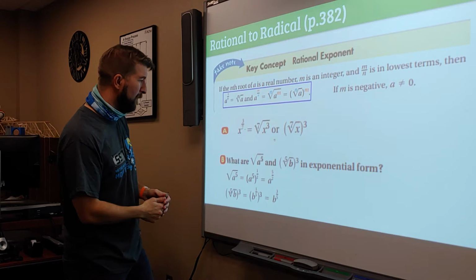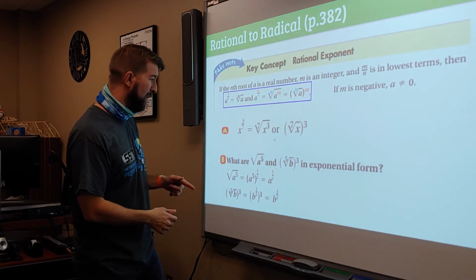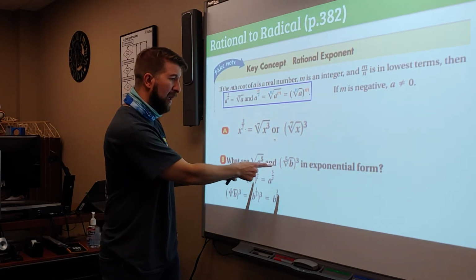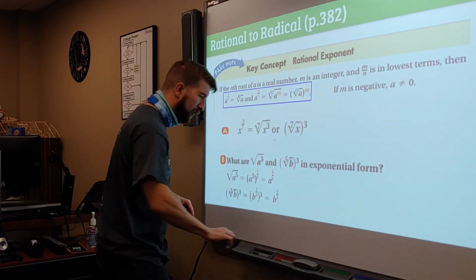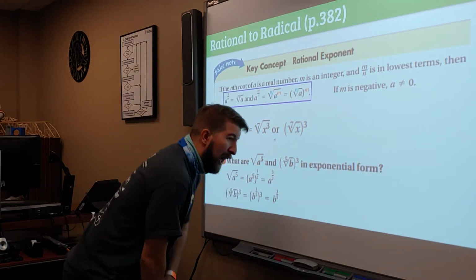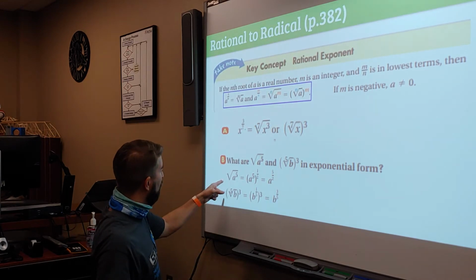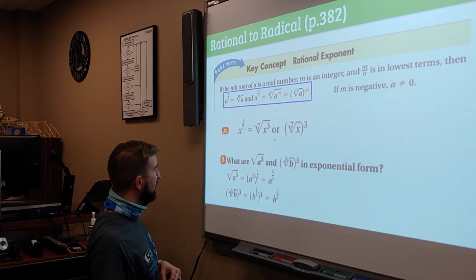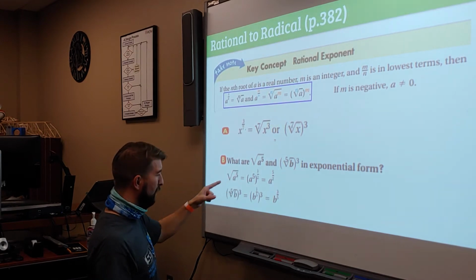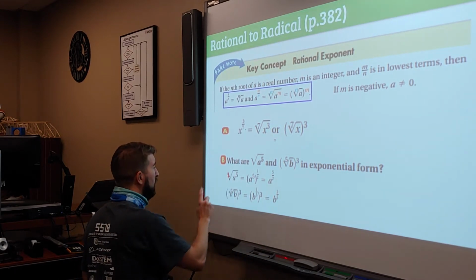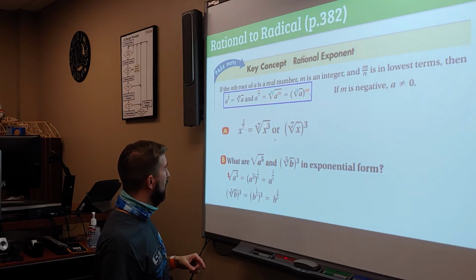Same thing over here, except this time they give me the radical form, and then want me to put it in exponential rational form. So I have radical a to the 5th, and so if I took it out, remember this is like an invisible 2, all right?